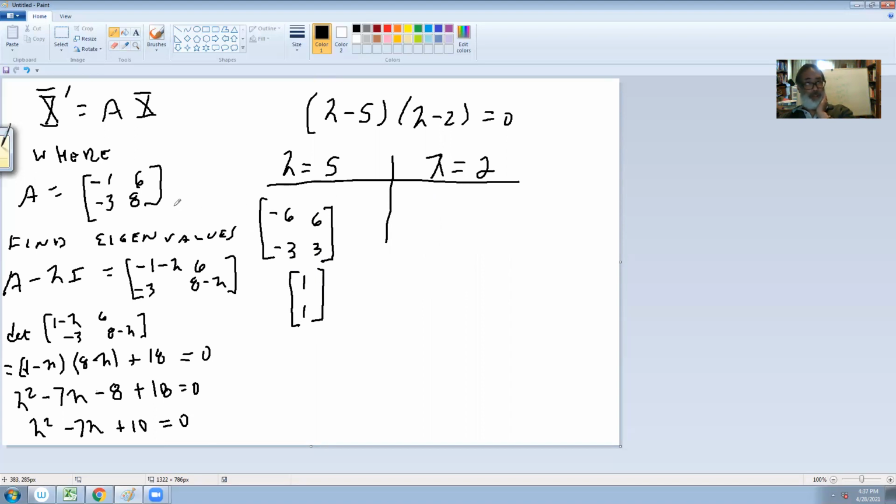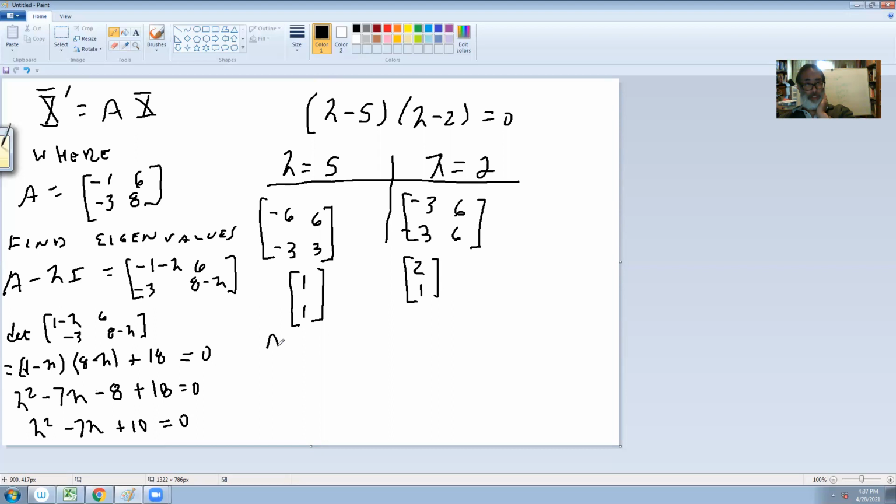Taking away 2, we get -3, 6, -3, 6, so an eigenvector here would be 2 and 1.